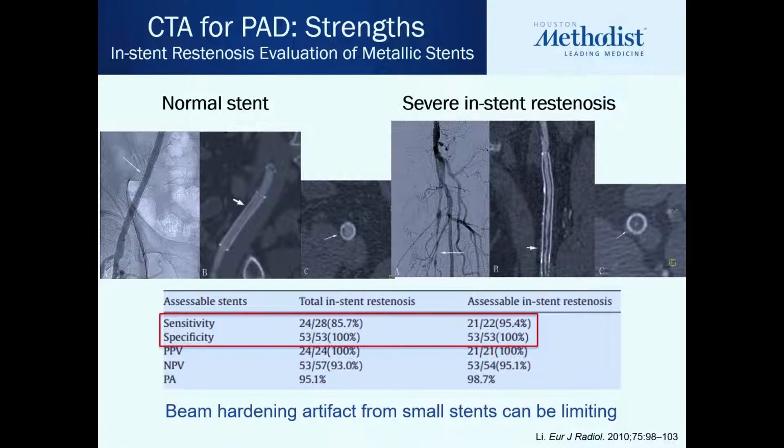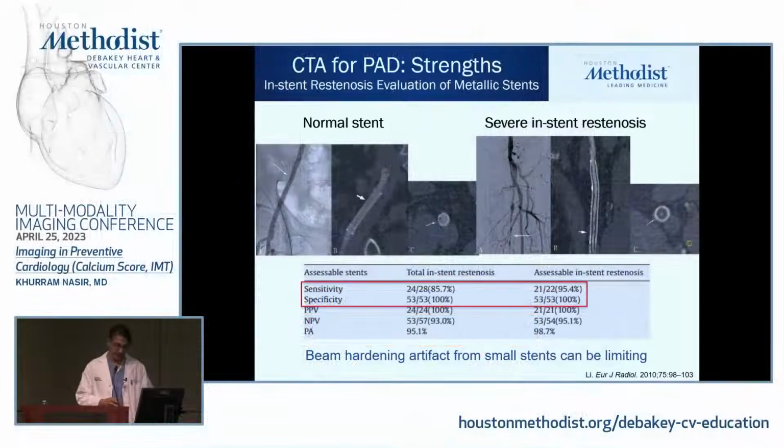A big advantage for CTA comes with peripheral stents. Most of the stents in the peripheral vasculature are big, definitely bigger than the 3.5 millimeters that we're using in the coronaries. So you're not going to have any trouble evaluating stents, evaluating for in-stent restenosis. This is just some data showing the diagnostic accuracy using CT when it comes to identifying disease within peripheral stents, and it's very, very high.